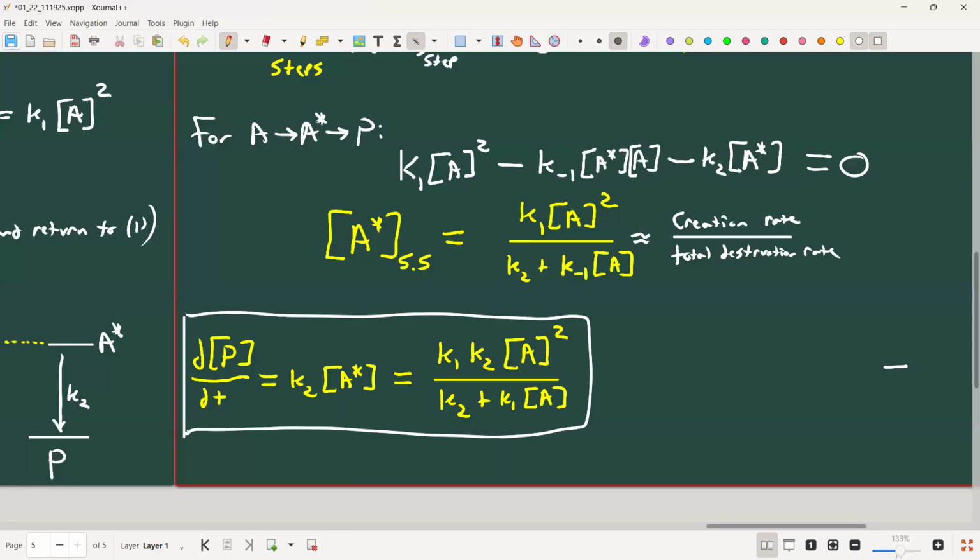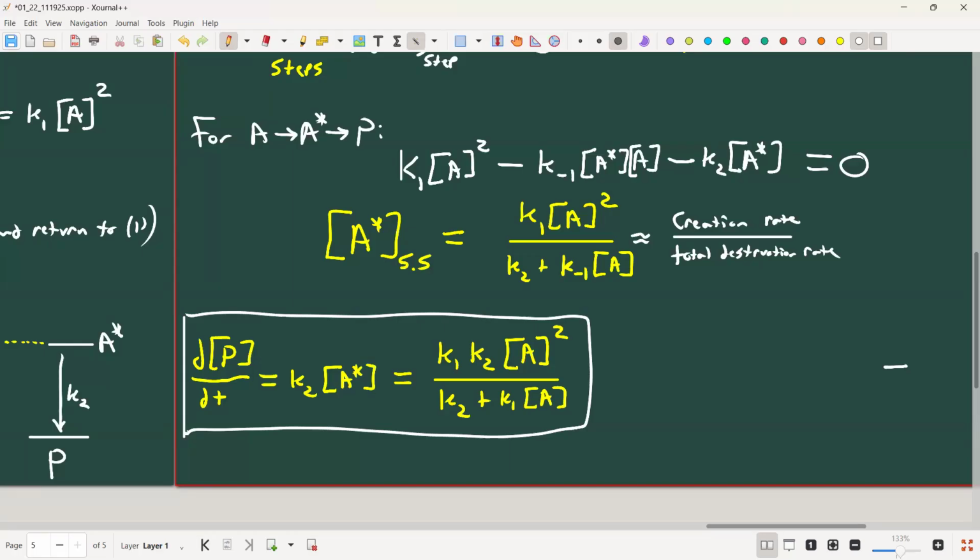So depending on the values of the constants and the concentrations and the conditions, we may have something that looks second order, but we also might have something that looks like first order. If this is really big down here, then that A is going to cancel out with a factor of this A and you get A overall. So there are some subtleties to the way that kinetics work now.